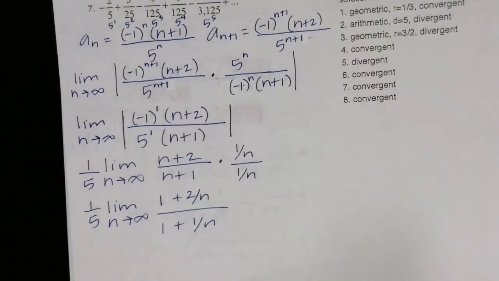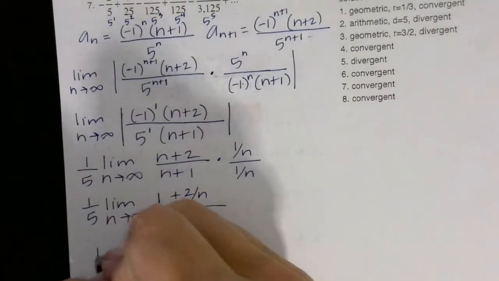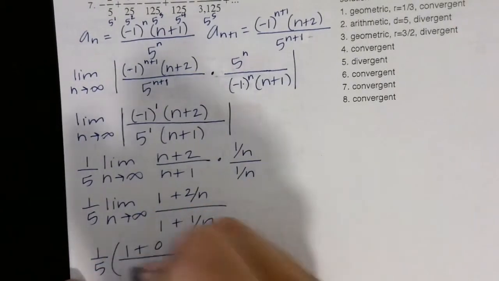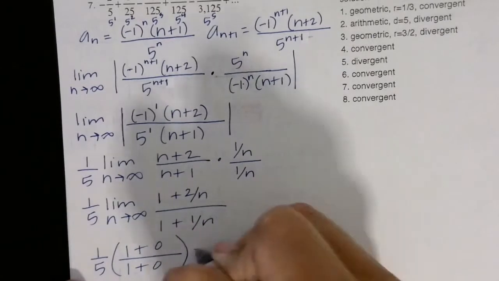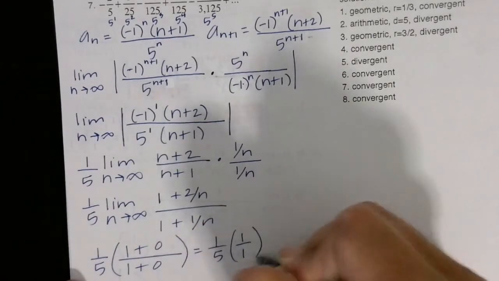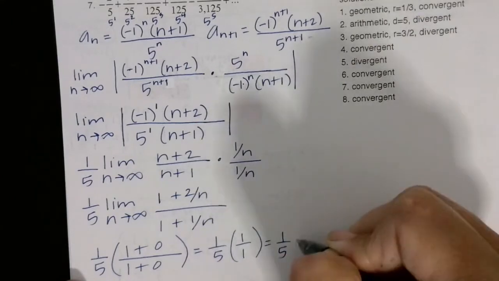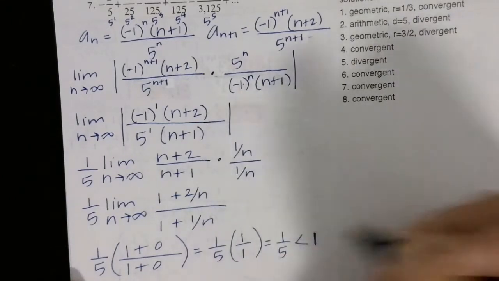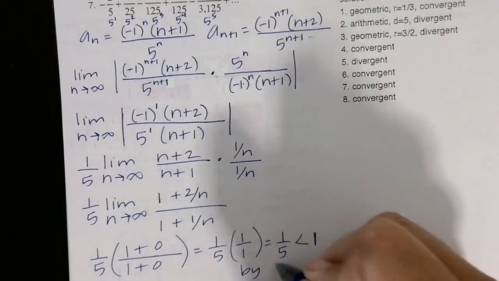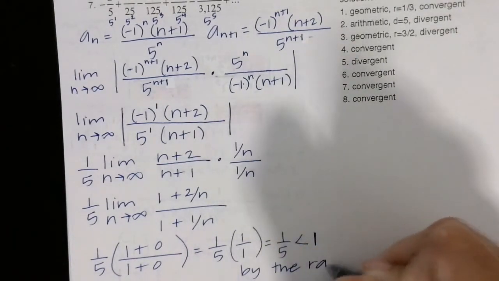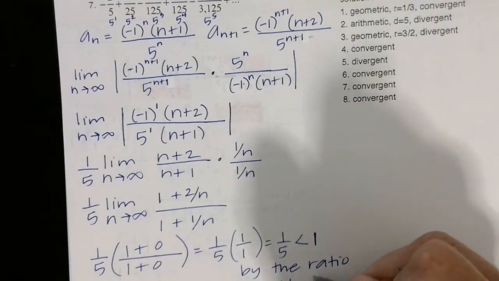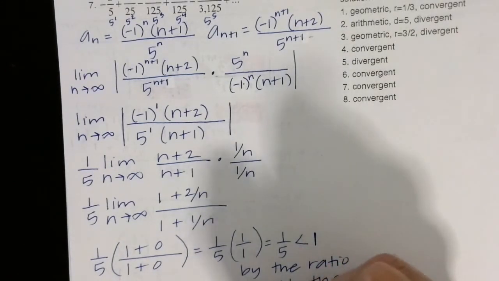Feels so repetitive after a while. I'm sure it doesn't for everyone, but 1 plus 0 all over 1 plus 0, which equals 1/5. 1 plus 0 is 1 over 1, which is less than 1. So therefore, by the ratio test, the series is convergent.